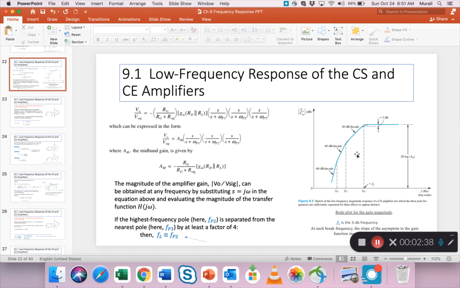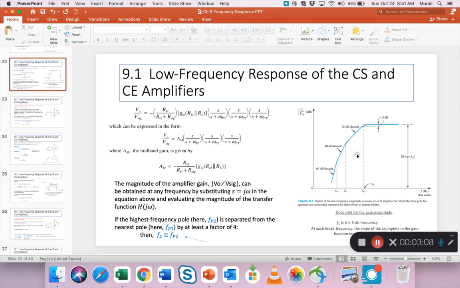Part B, of course, is to find the value of the capacitors, right? As we are designing a circuit, so far we never bothered about it. We just assumed that certain capacitors will be available that act like short circuits in the frequency range of interest. But now we have to say what values of those capacitors you should choose to meet certain conditions.